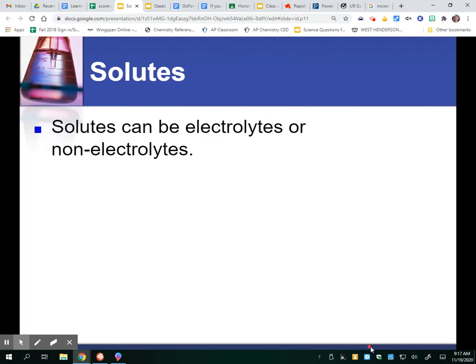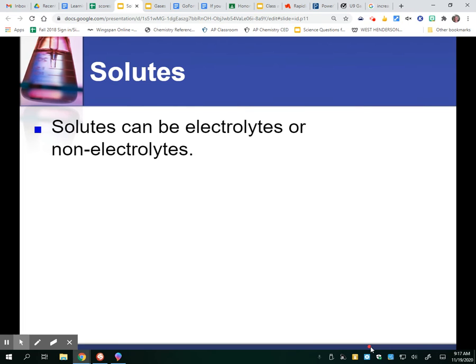Solutes can also be non-electrolytes. So these are things that aren't made of ions, like any of your molecules. Sugar water: sugar is not an electrolyte. It's not made of ions. It's all non-metals. And so when you dissolve sugar in water, it does not split up into ions. So there are no charged pieces.